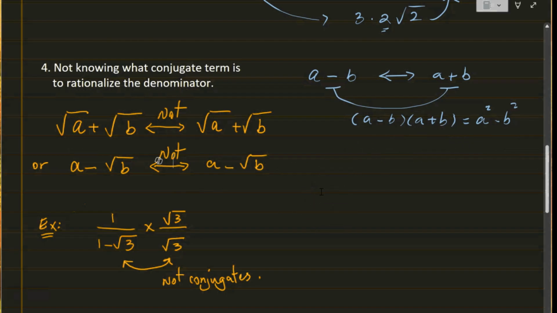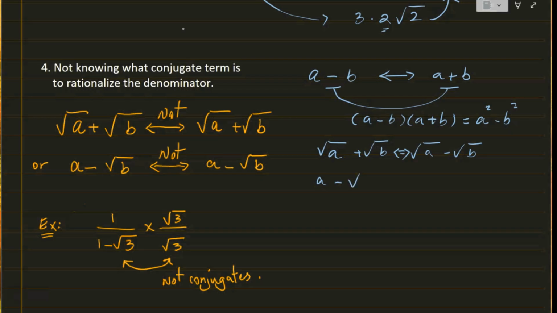It's exactly the same as the top here that I explained, A minus B and A plus B. So the conjugate of a square root of A plus a square root of B is a square root of A minus a square root of B, and vice versa. Okay? And so was this one. Square root of A minus root B, the conjugate of that one, to each other, is A plus the square root of B. Simple as that.